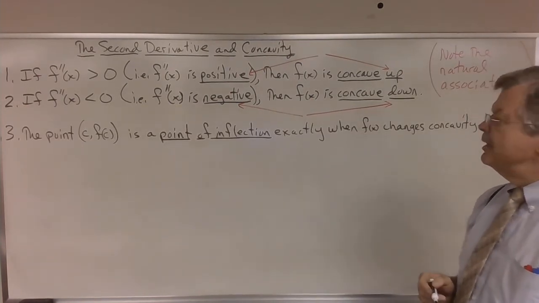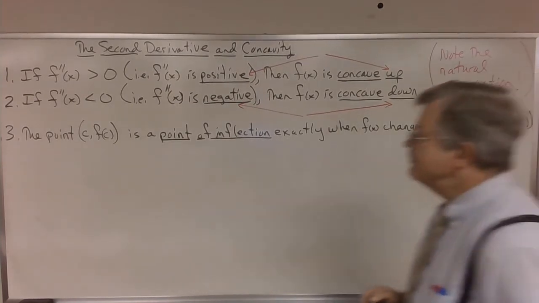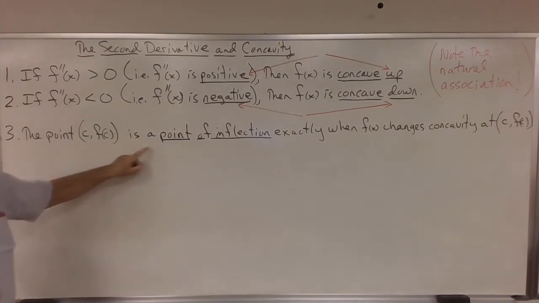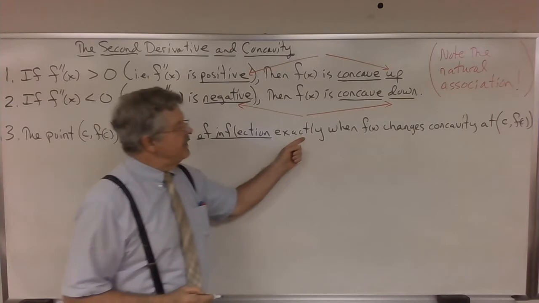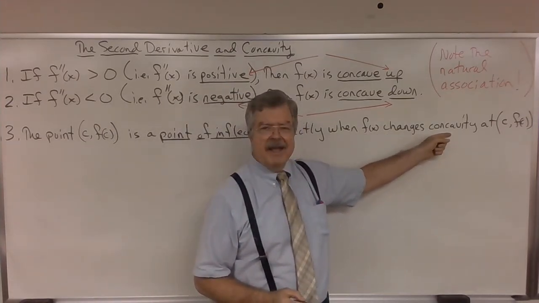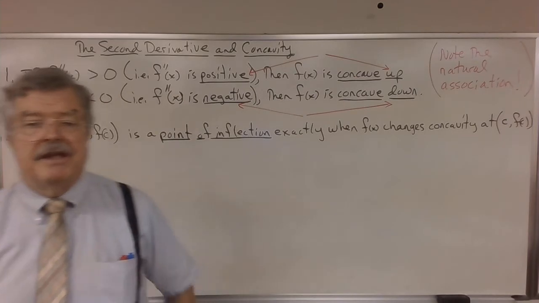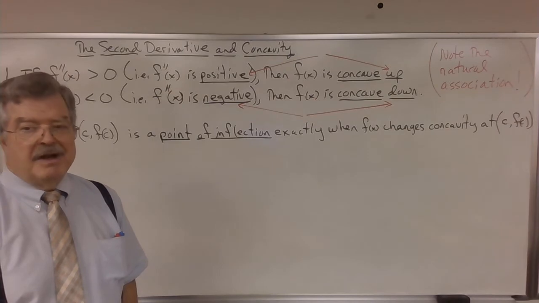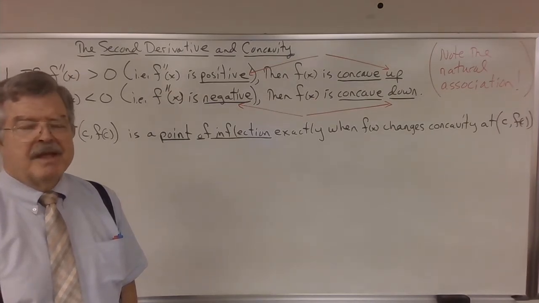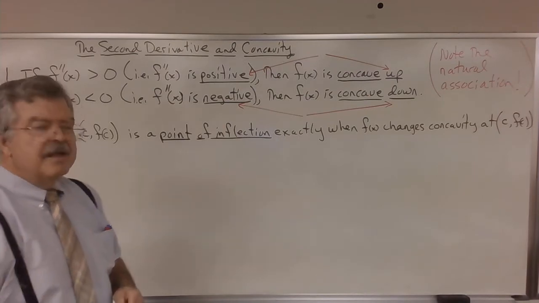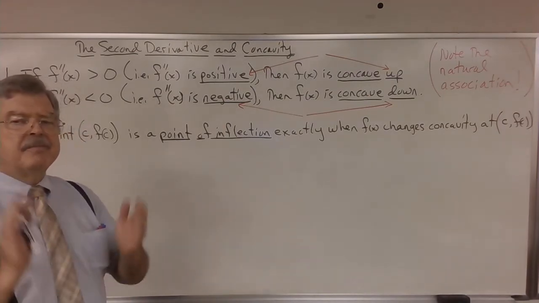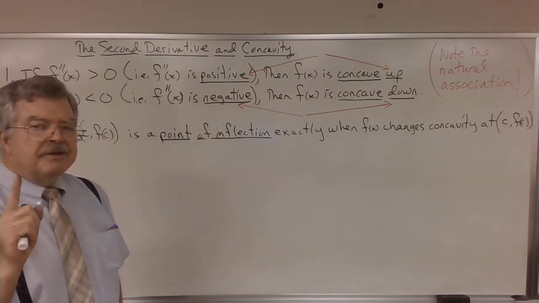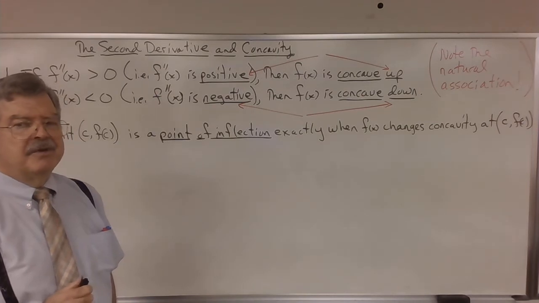Now remember, we said what a point of inflection was. A point C, f of C on the graph of f of x is a point of inflection exactly when f of x changes concavity at that point. It either changes from concave up to concave down, or it changes from concave down to concave up. Now let's take the first case. Suppose f of x changes from concave up to concave down. What's the second derivative going to be doing?